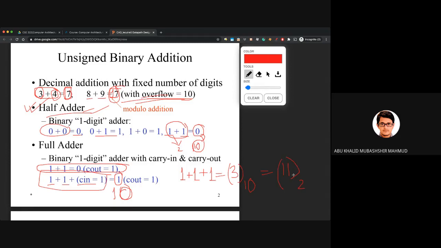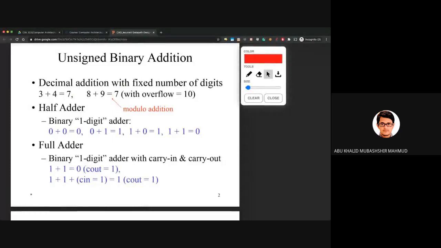The first digit is our result, and the other digit is our carry output from this operation. This is what happens while we are executing an addition operation.